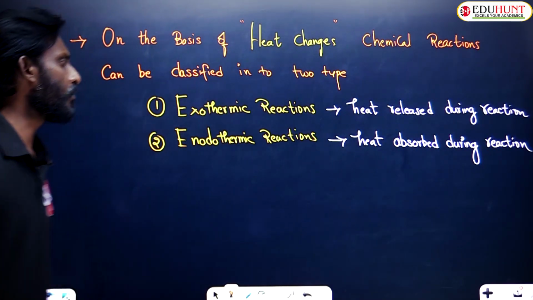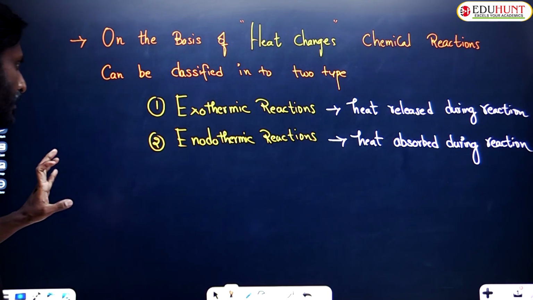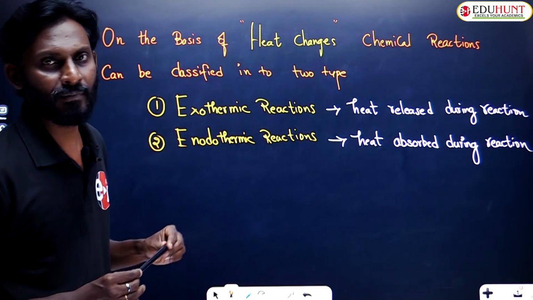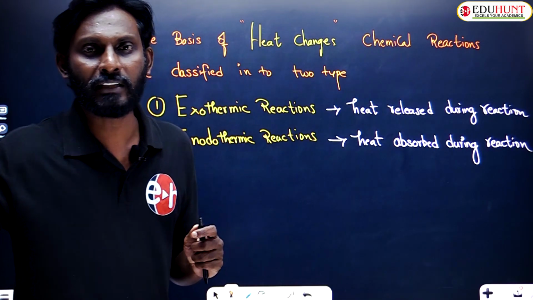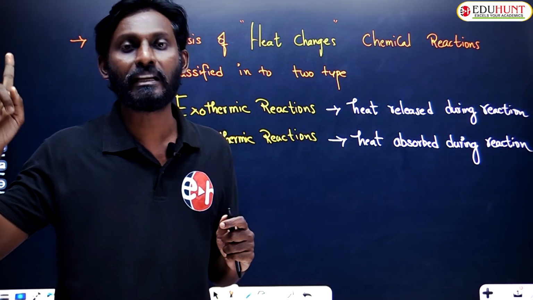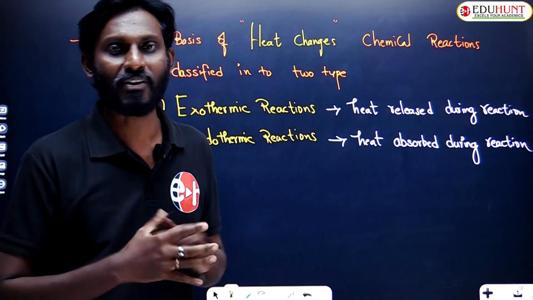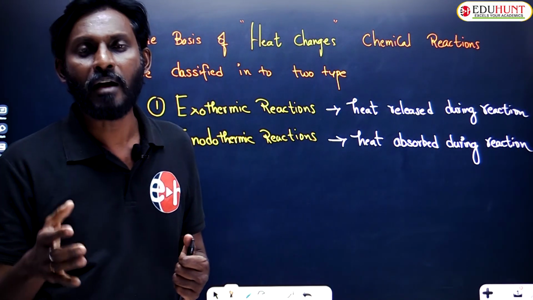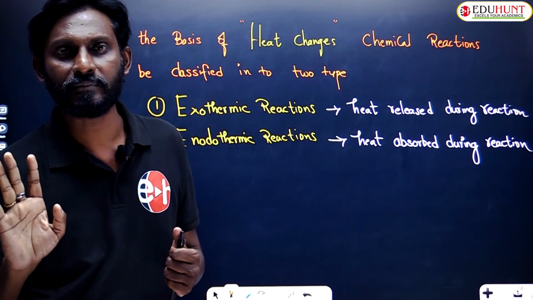Now, getting into the details one by one, but let me give you a hint. We know very well the basic fundamental thermodynamic law: energy can neither be created nor destroyed, but can be transformed from one form to another form.